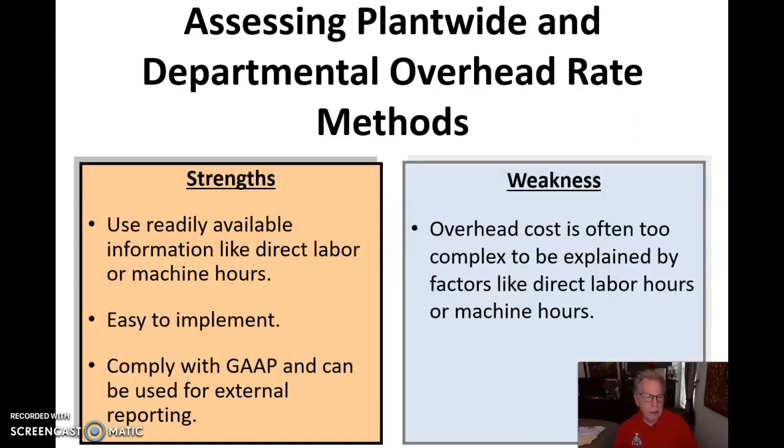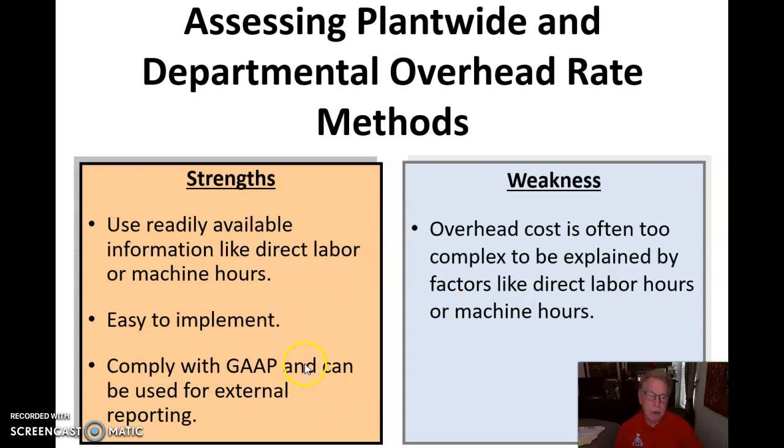Now, if we look at these, it's readily available information that it's easy to apply either the plant-wide or departmental overhead rate. Easy to implement, consistent and compliant with generally accepted accounting principles, and we can use that for external reporting.